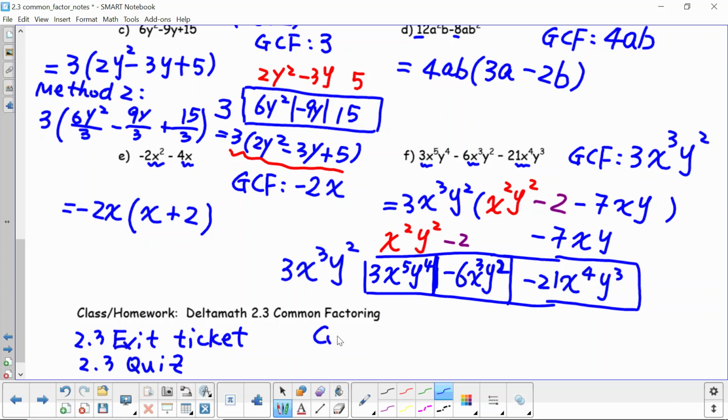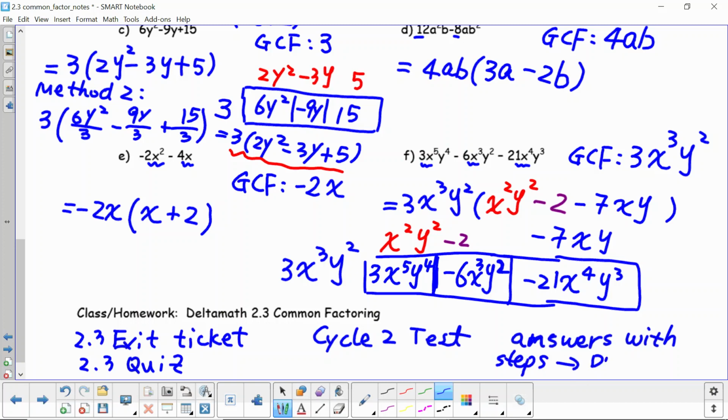And for the Cycle 2 test, remember you need to keep all your answers with steps and scan them. Take a picture of answers with steps. Put them in the Dropbox. They are counting for the communication marks. If you don't hand it in, you will lose 15% of the communication marks.